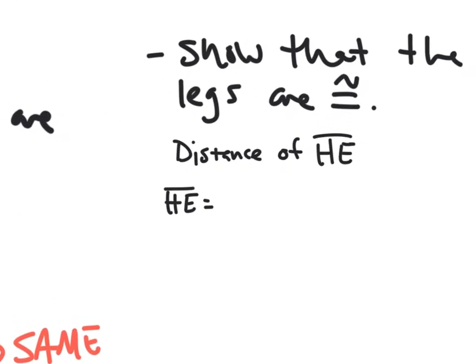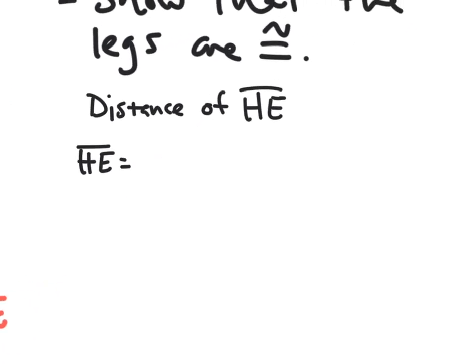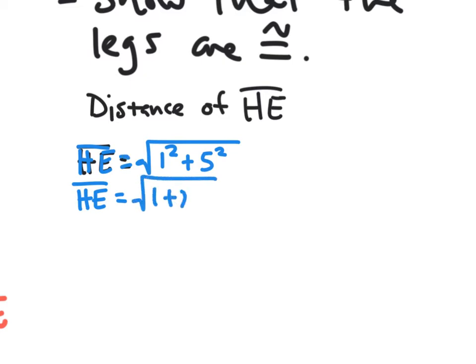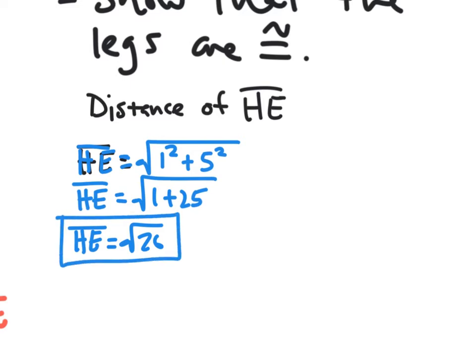So HE is equal to the square root of 1 squared plus 5 squared, which is the square root of 1 plus 25. So HE is equal to the square root of 26. I'm just going to leave it like that. So that's my first one.